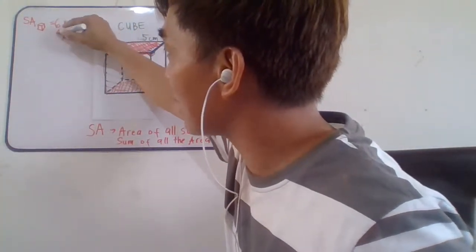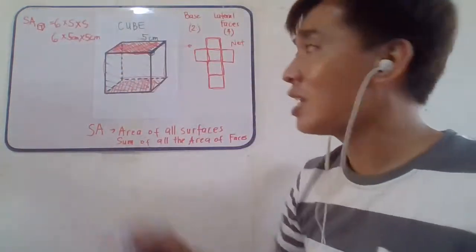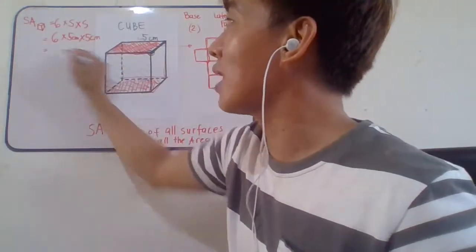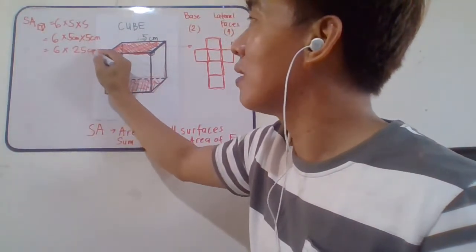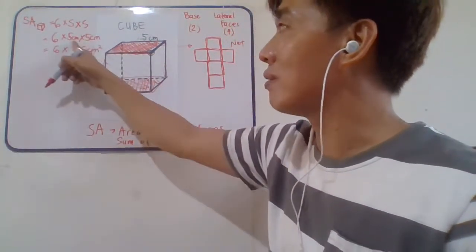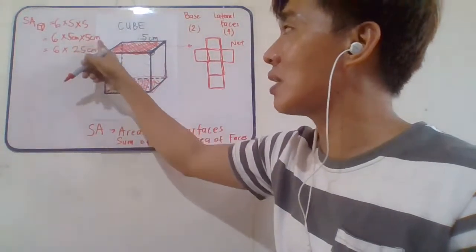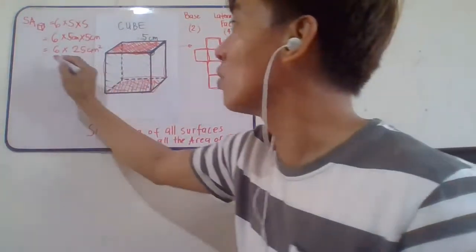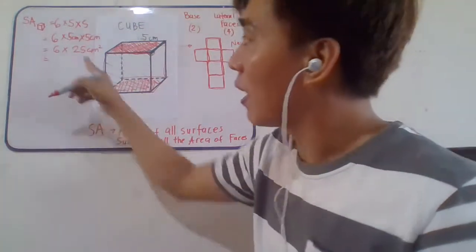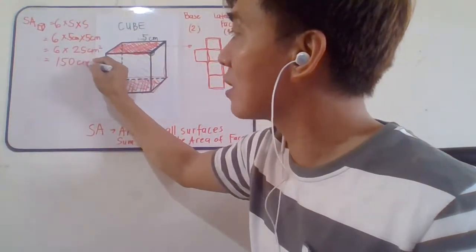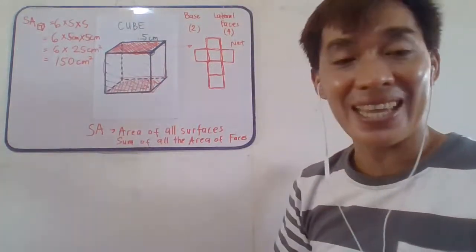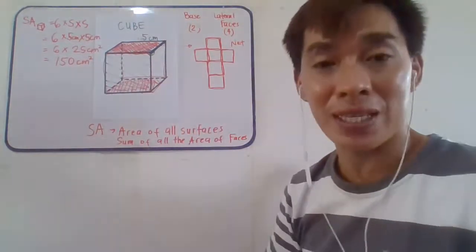So the surface area is 6 times 25 centimeters squared. 5 times 5 is 25, and centimeters times centimeters is centimeters squared. So that will give us 150 centimeters squared. Okay, that's the surface area of the cube.